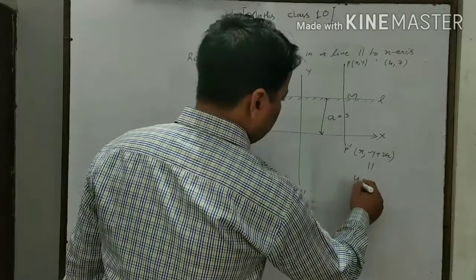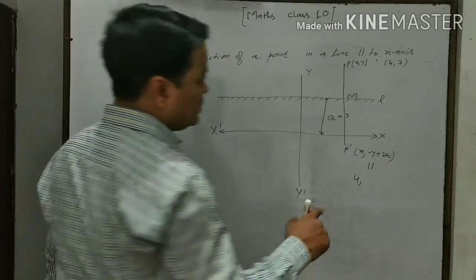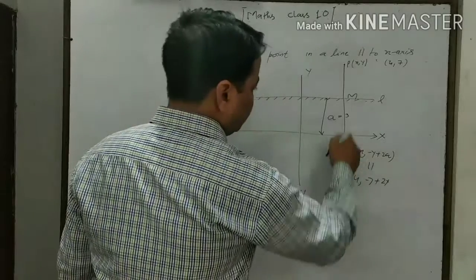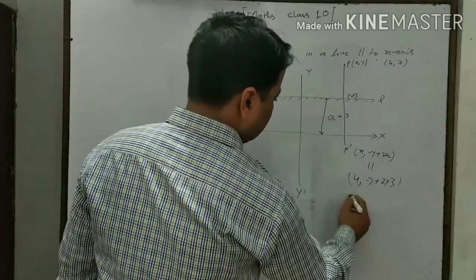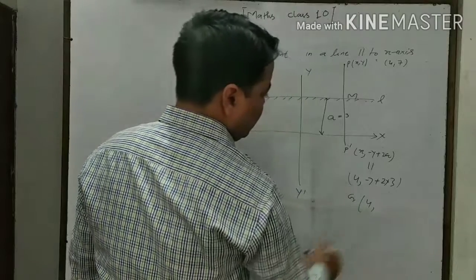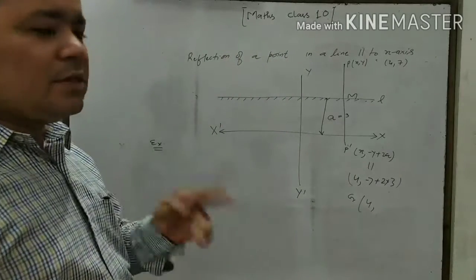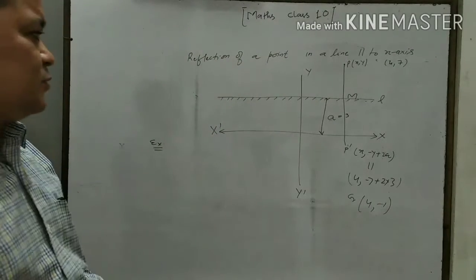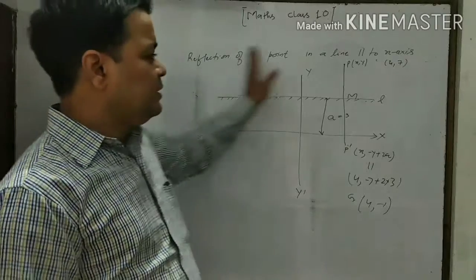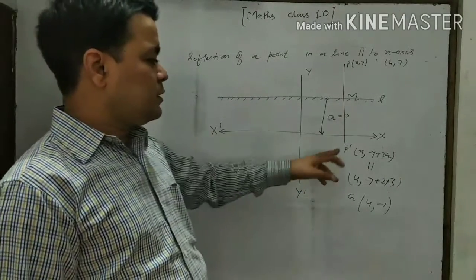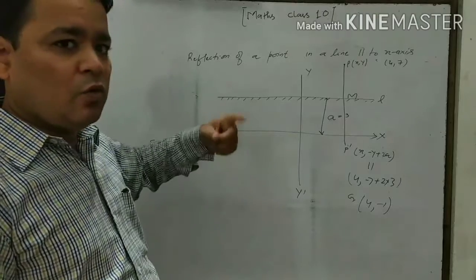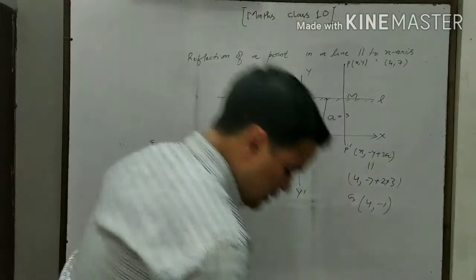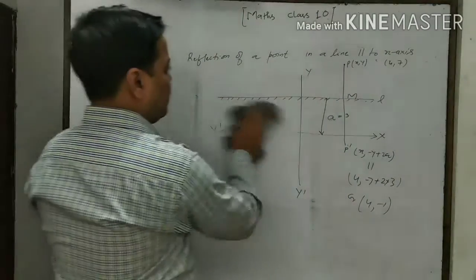Its coordinate will be 4, and then -7 + 2 times 3, that is -7 + 6, which means -1. Its coordinate will be (4, -1). In this way, we can find the coordinate of the image when there is reflection of a point in a line parallel to the x-axis.